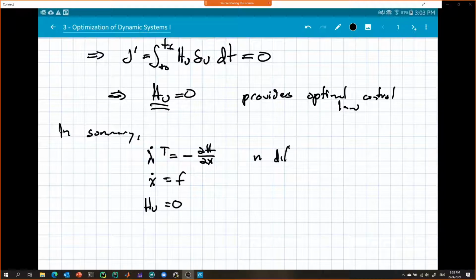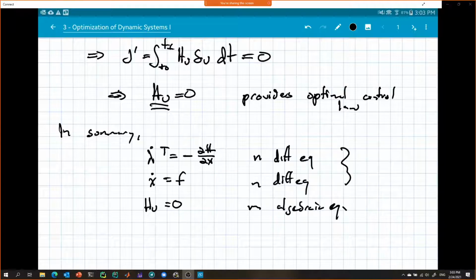Here we have n differential equations, n differential equations, and then m algebraic equations. If you propagate a differential equation forward, you also need a boundary condition.